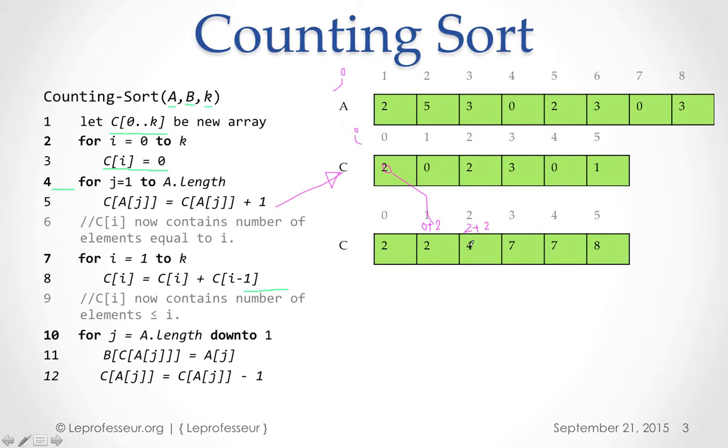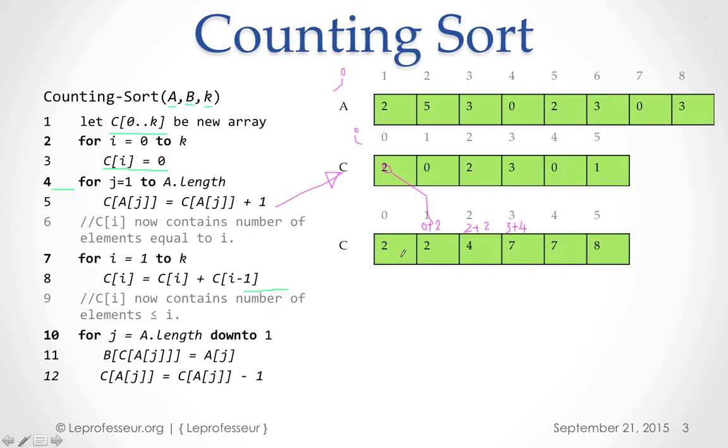So we got 4. In the same way, 3. At position number 3, what do we have in C? C of i has 3 plus C of i minus 1, which we already have now 4, so 7. So we complete the whole array.